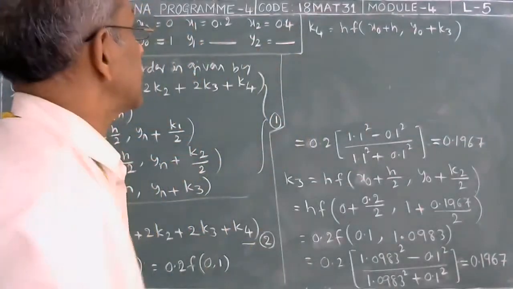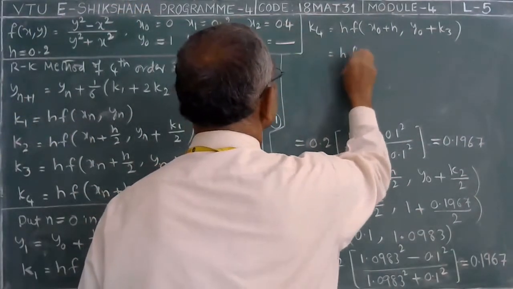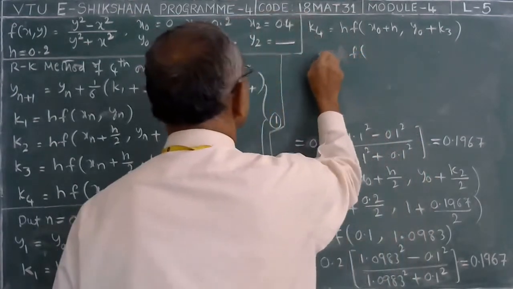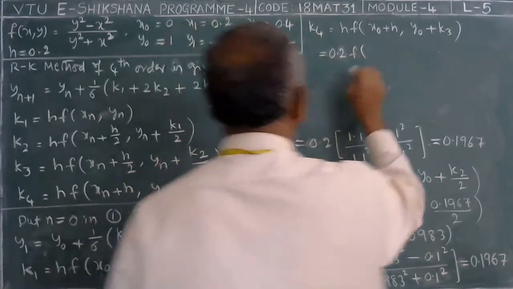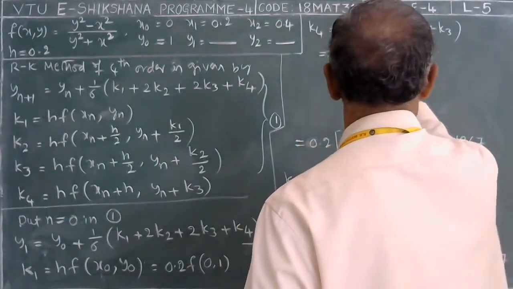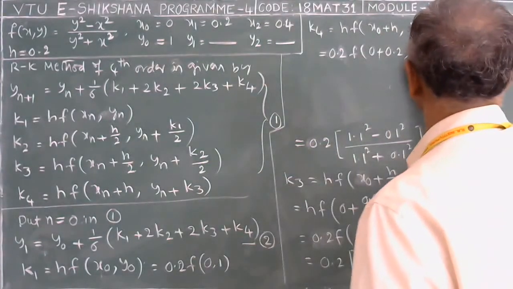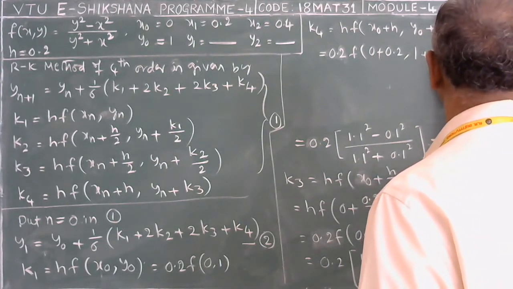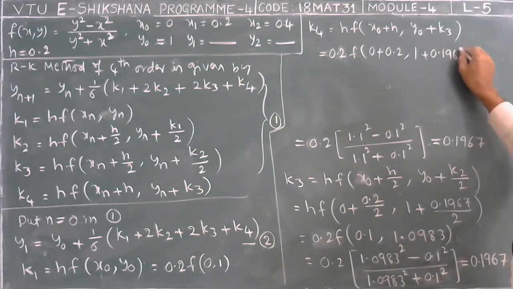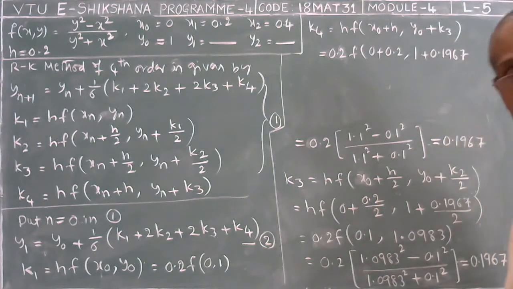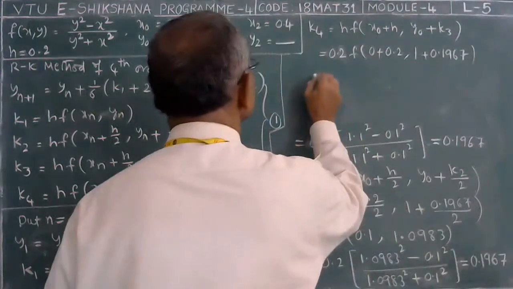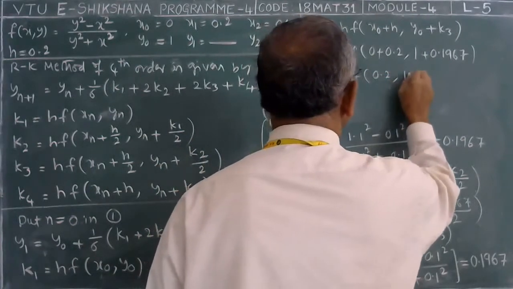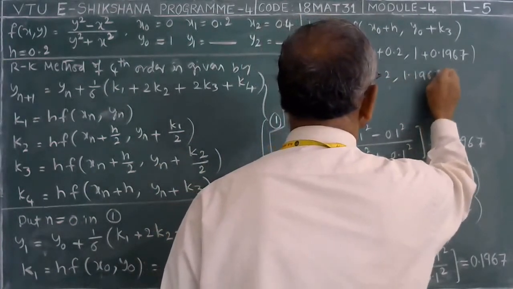Substitute now. h is 0.2. Therefore, x0 is 0 plus h is 0.2, and y0 is 1 plus k3, where k3 is 0.1967. So this is 0.2, comma, 1.1967.